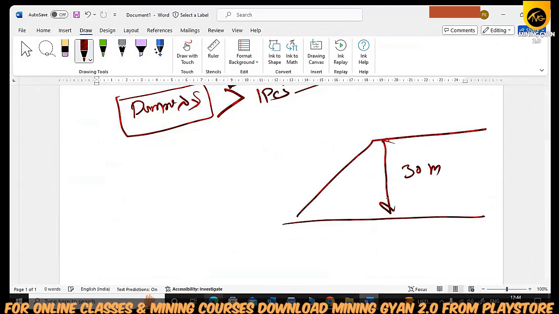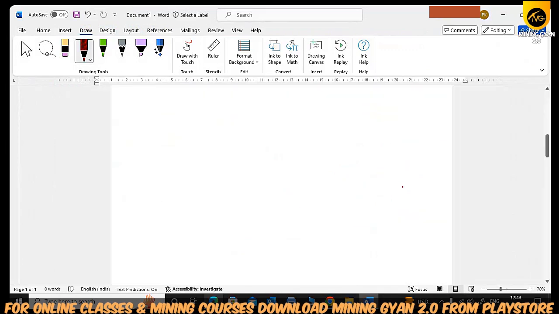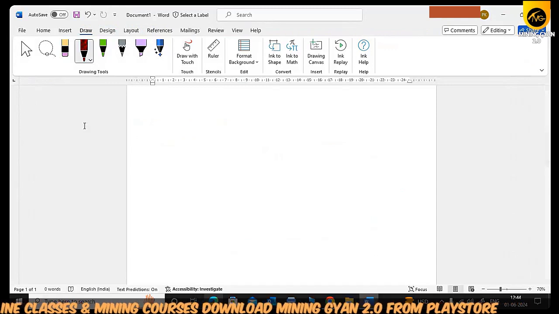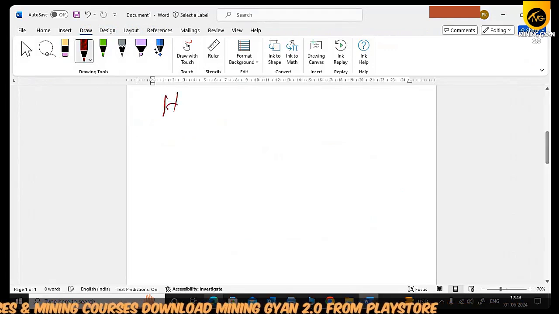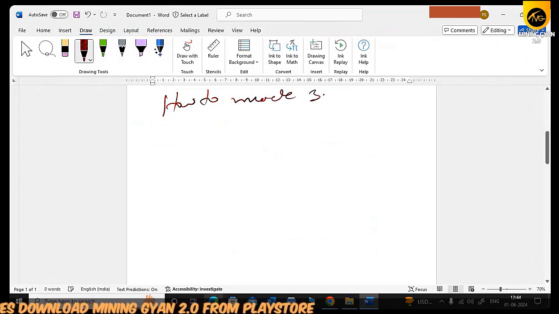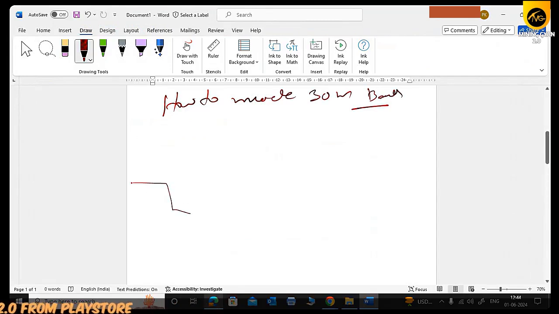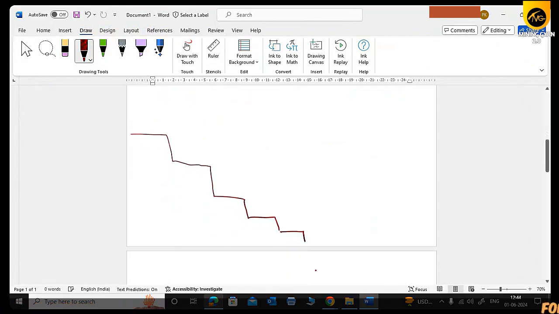Actually, this 30 meter bench is not made in one go. Understand how to make the 30 meter bench. For example, this is our high wall bench, and DGMS and scientific studies give permissions.